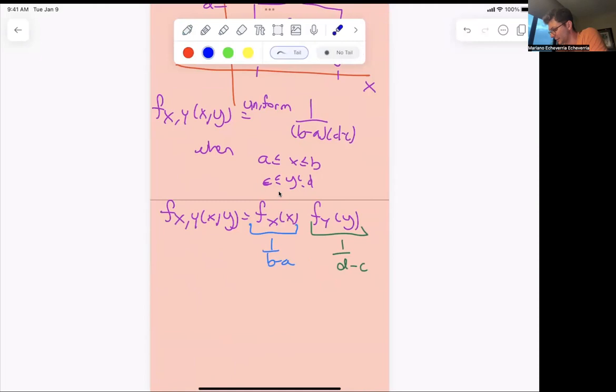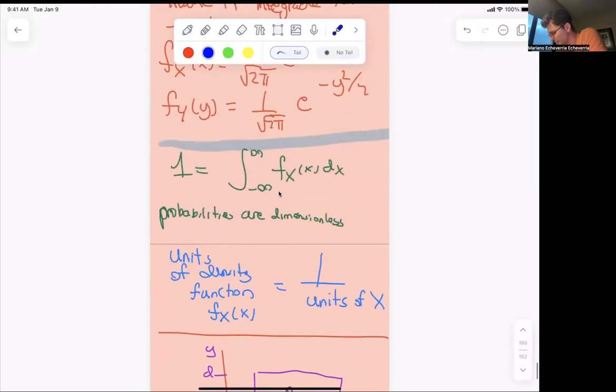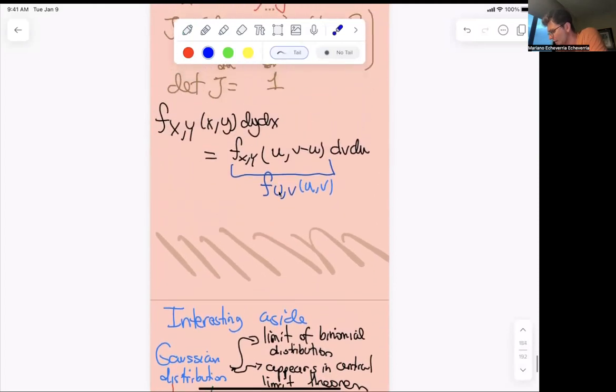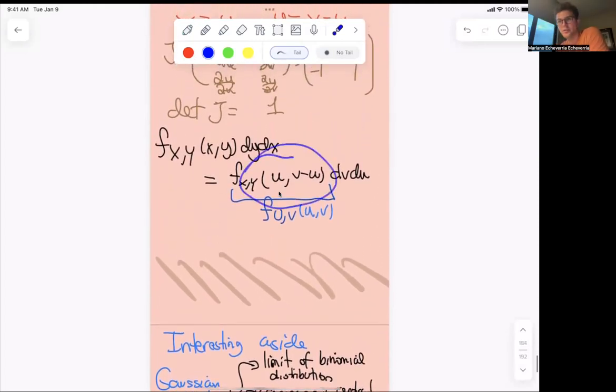But here, the thing is the density for UV wasn't just the product of the individual densities, as in the independent case, because of this shift in the argument. So that's why it's not just dividing by the area.